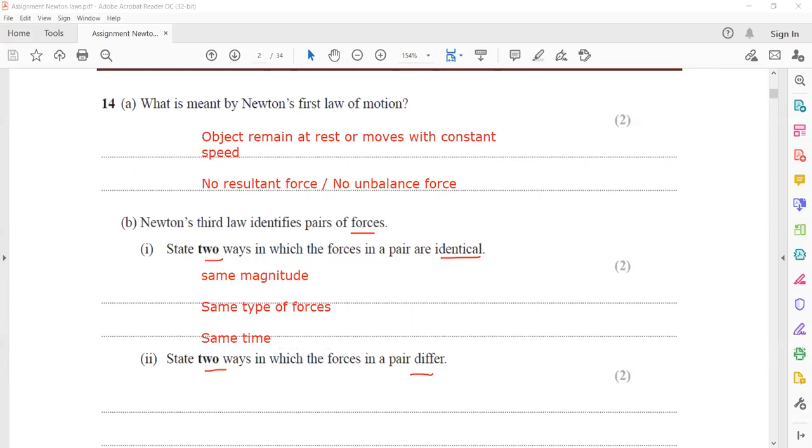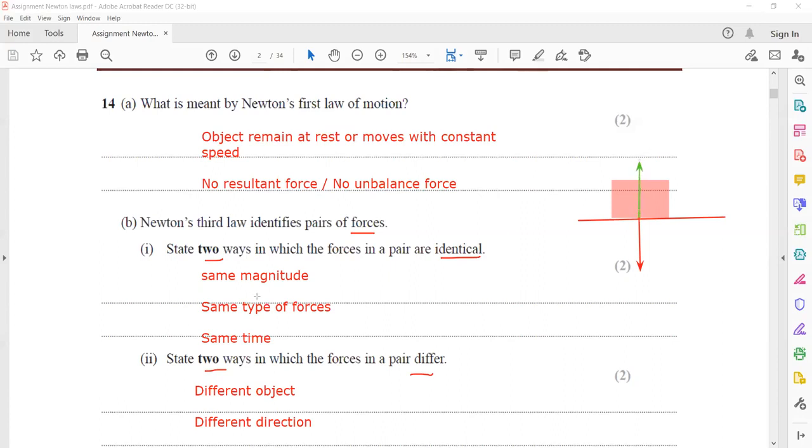And what are the differences? How are these pair forces different from each other? They act on different objects and in opposite directions. For example, if an object is lying on the floor, there is a downward contact force by the object on the surface, which balances with the upward force by the surface on the object.